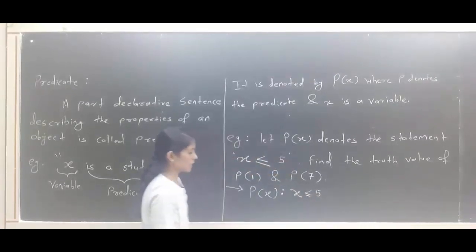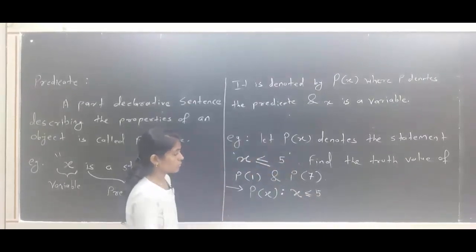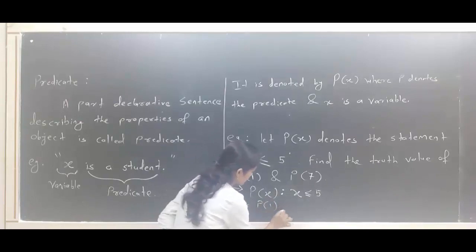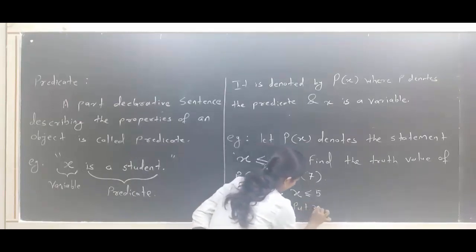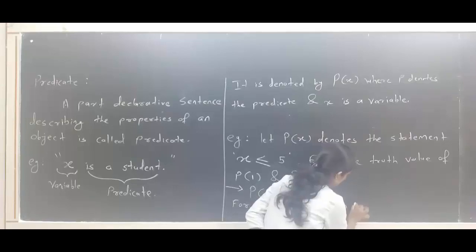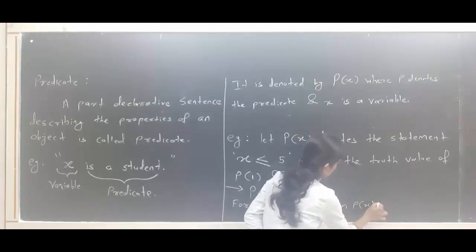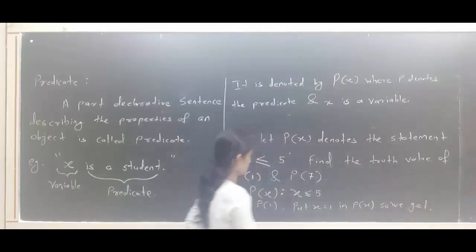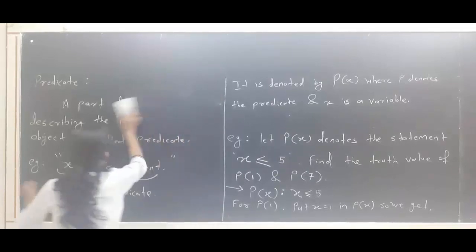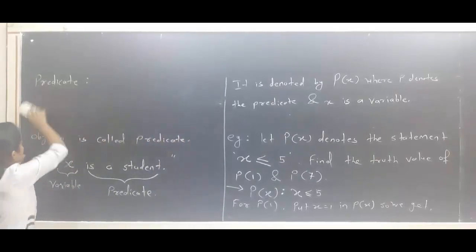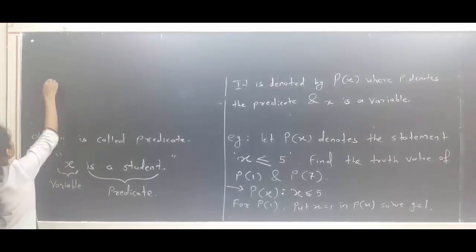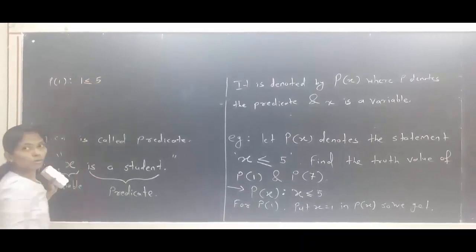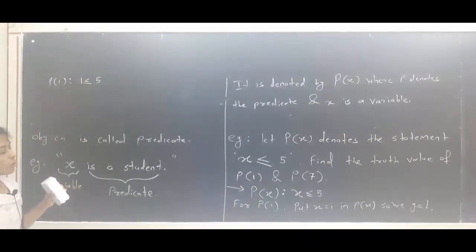Now first for P of 1, put X equals 1 in P of X. So we get 1 is less than or equal to 5.